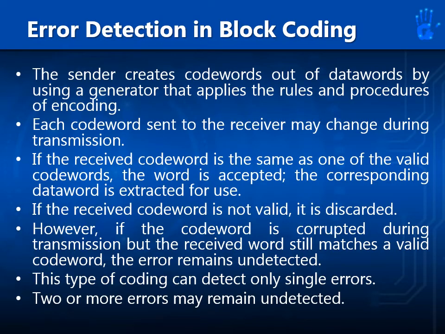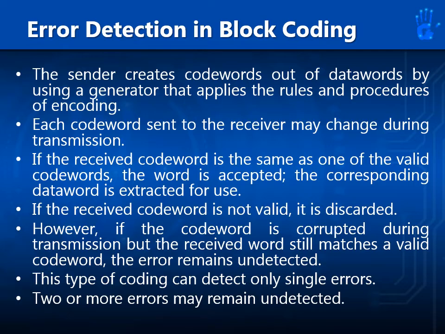Error detection in block coding. The sender creates code words out of data words by using a generator that applies the rules and procedures of encoding. Each code word sent to the receiver may change during the transmission. If the received code word is the same as one of the valid code words, the word is accepted. The corresponding data word is extracted for use.